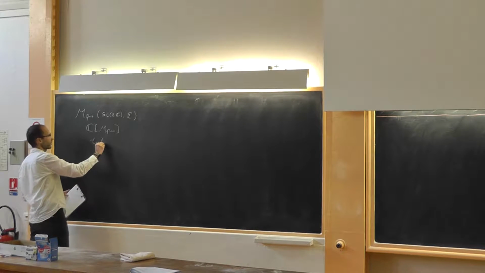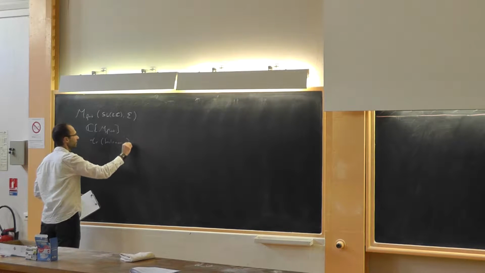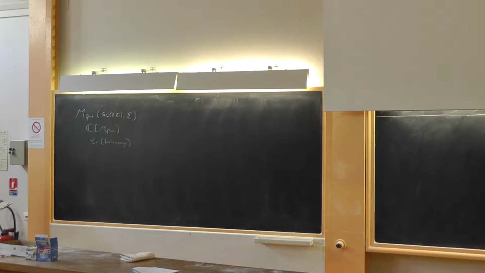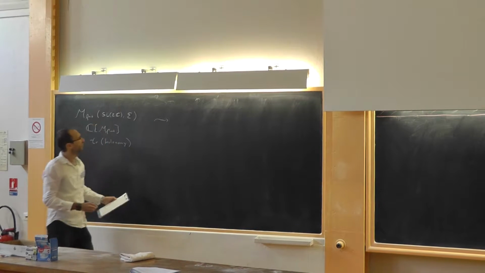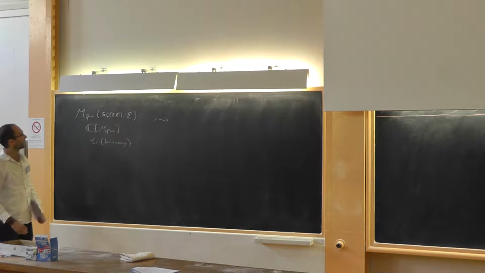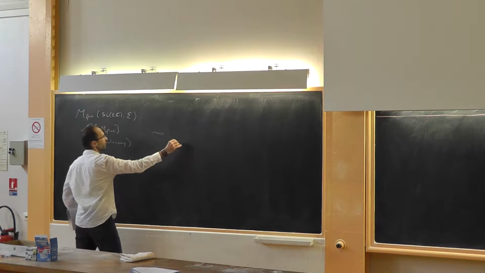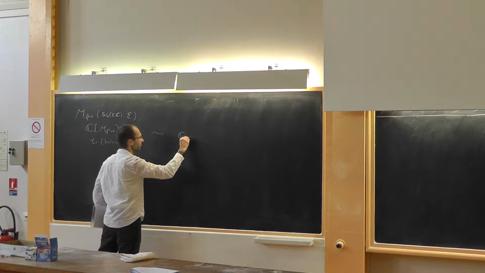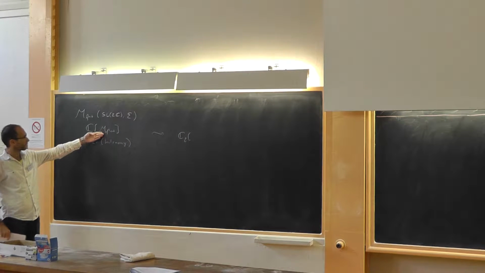So taking the trace of the holonomy around various loops in sigma, and then quantization in one interpretation amounts to deformation quantization of this ring.